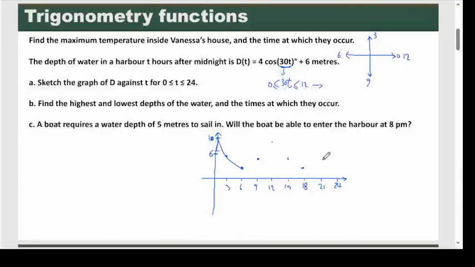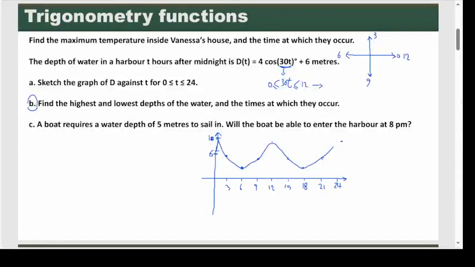At 21 would be 6. And at 24 would be 10. Now I join these points together. It's my graph.